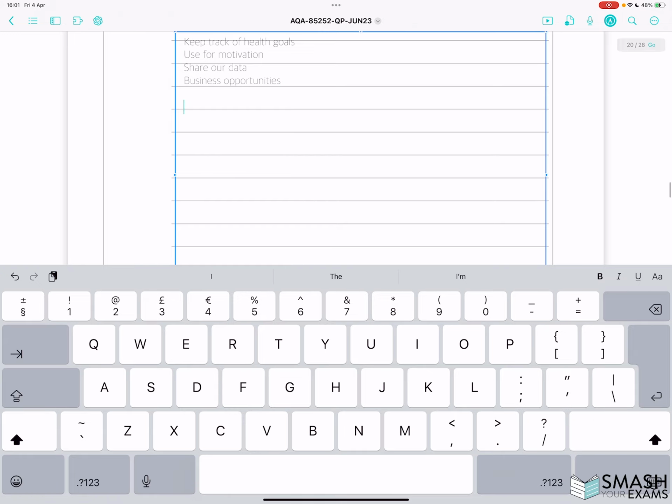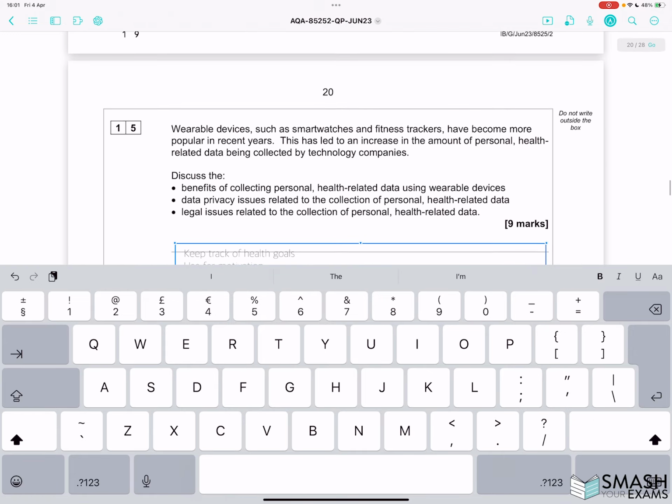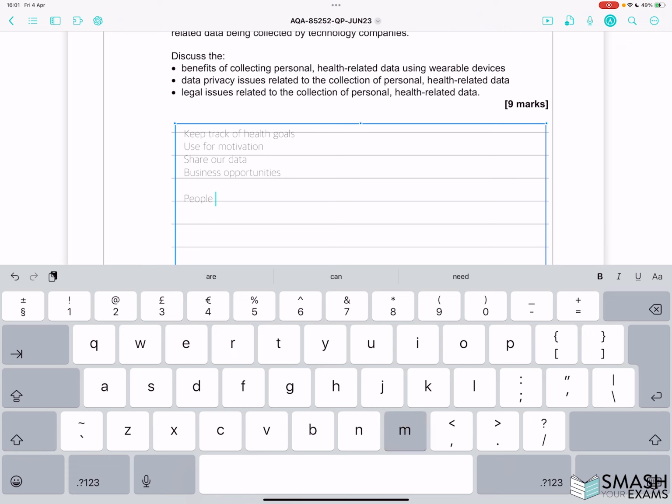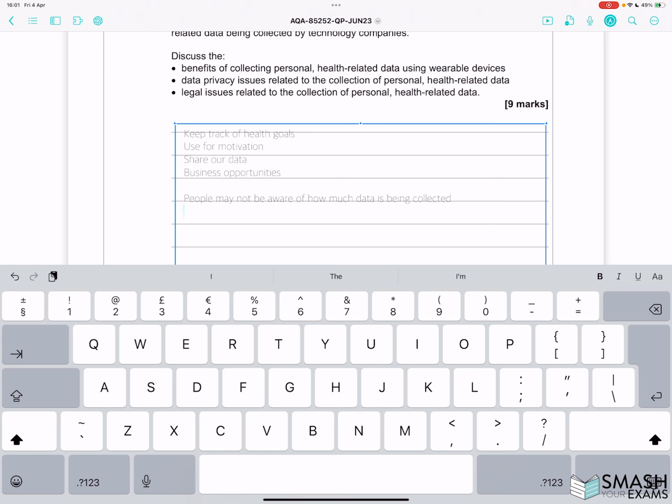Let's talk about, what was the second part of the question now? Data privacy issues. Let's talk about data privacy issues then. What issues might there be? Well, I guess like people may not be aware of how much data is being collected. So that might be one potential issue. What about if a company got hacked? That would be a problem, wouldn't it?